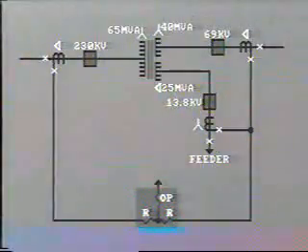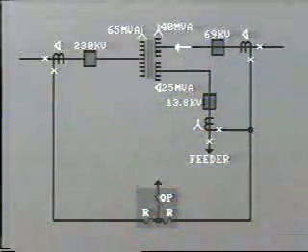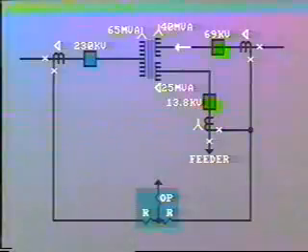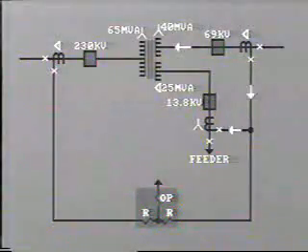But supposing we had to operate this transformer with the high voltage primary breaker open. In other words, the power supply into the transformer would now be from this 69 kV side to feed the outgoing 13.8 kV. If the secondary currents were perfectly balanced, there would be no problem.